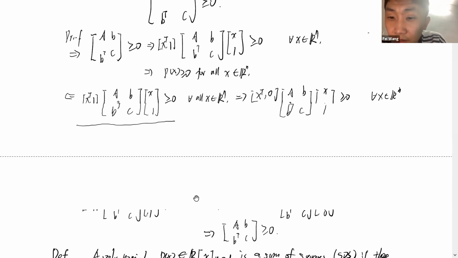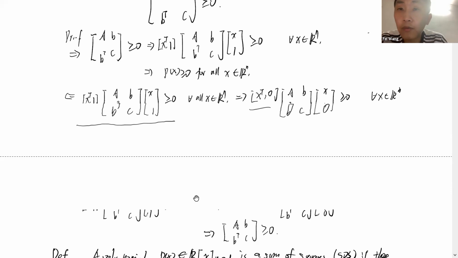And that means actually this one, so (x, 0)^T times this matrix times (x, 0) is non-negative.